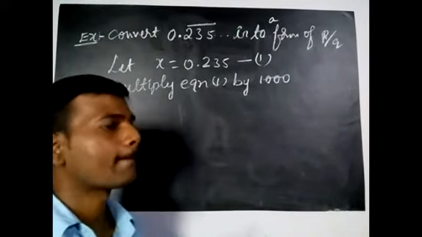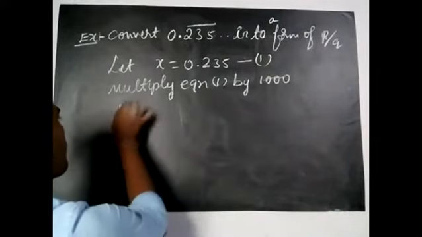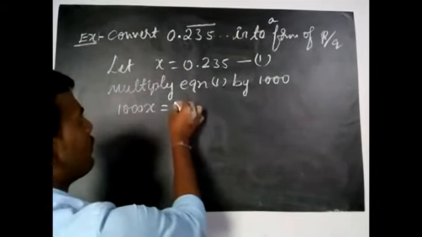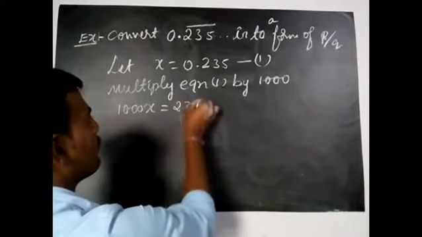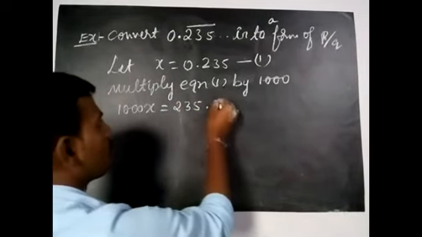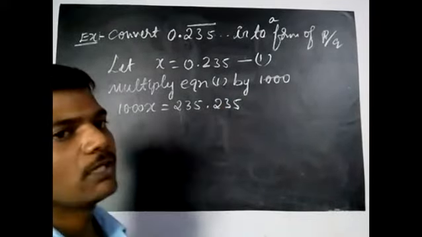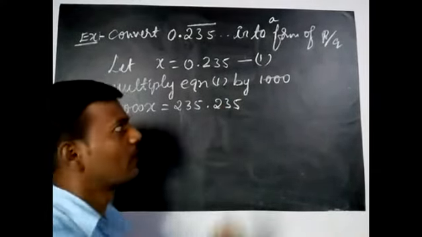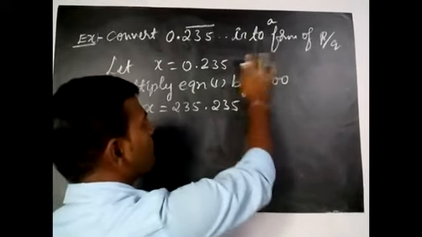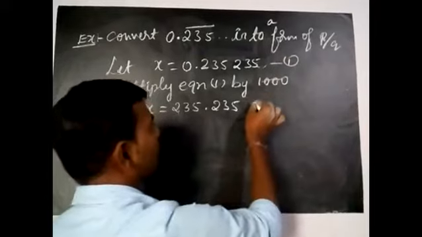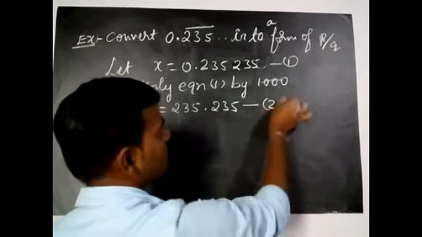What will we get? 1000x is equal to 235.235. You can also write this one more time. Call it equation 2.